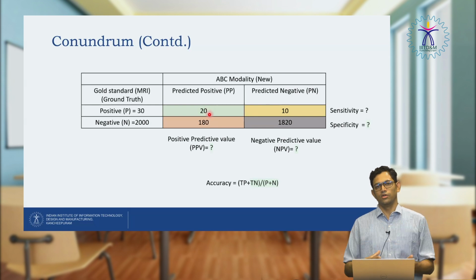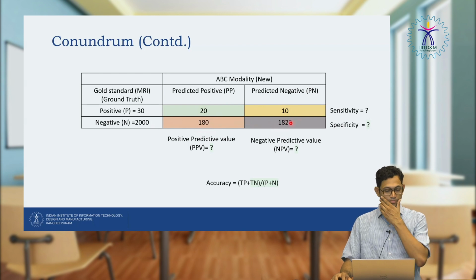The data is already given to you. The predicted positive is 20, predicted negative is 10, predicted positive in this column, this cell has a value of 180 and this cell has around 1820.